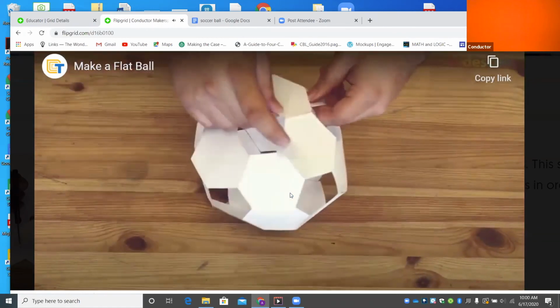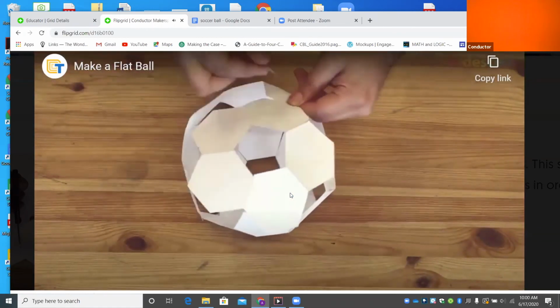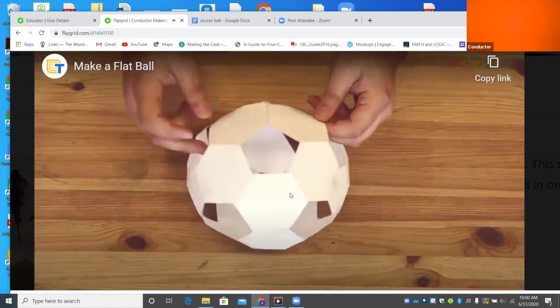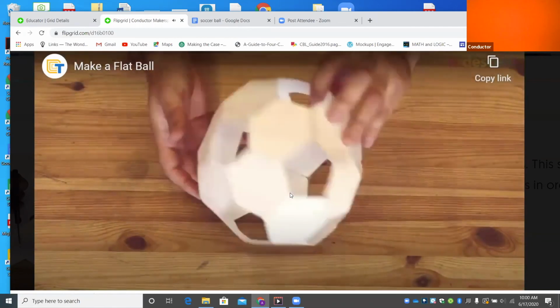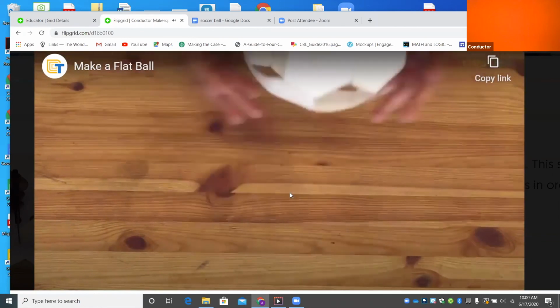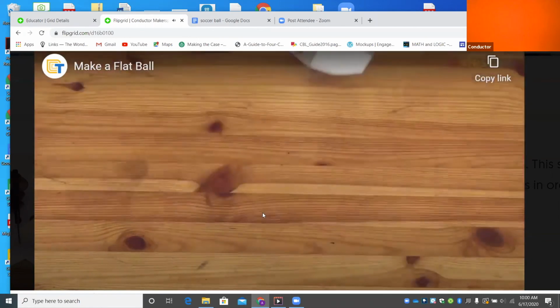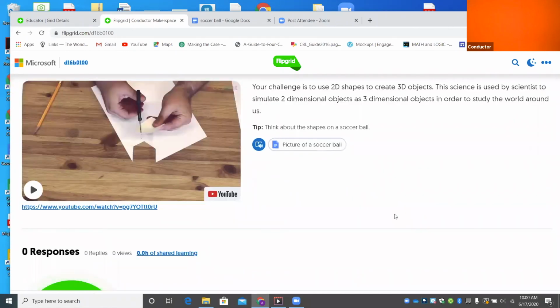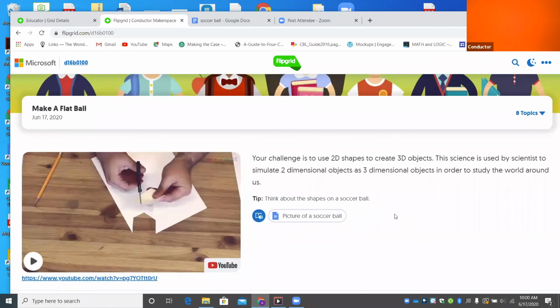We know that any 6-sided shape is a hexagon, but there are things called regular hexagons where every side of the hexagon is the exact same length. That's what you're trying to accomplish in this build, in this challenge. And use combinations of shapes. Like you saw, they had hexagons and pentagons. Okay, so that's your challenge today.